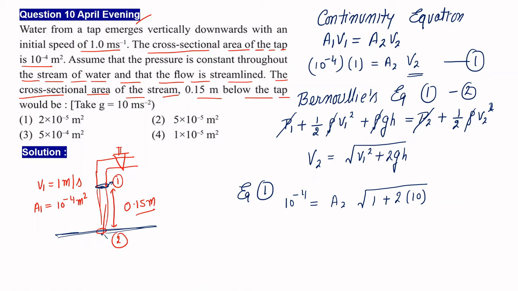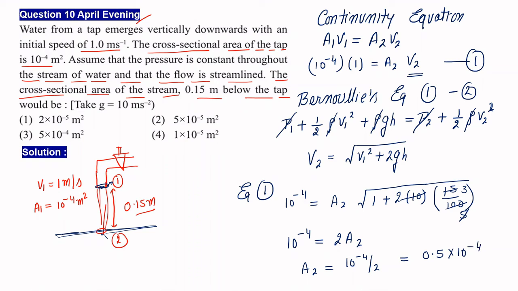Then, with 1/5 divided by 1/5, this comes to 20 times 1/5, which is 4... so 3 plus 1 is 4, and the square root of 4 is 2. So 2 A2 is equal to 10 to the power of minus 4, and A2 is 10 to the power of minus 4 divided by 2, or 5 into 10 to the power of minus 5 meter square.